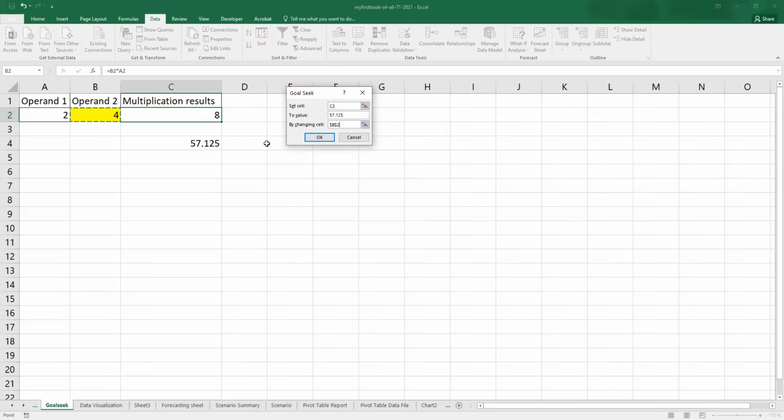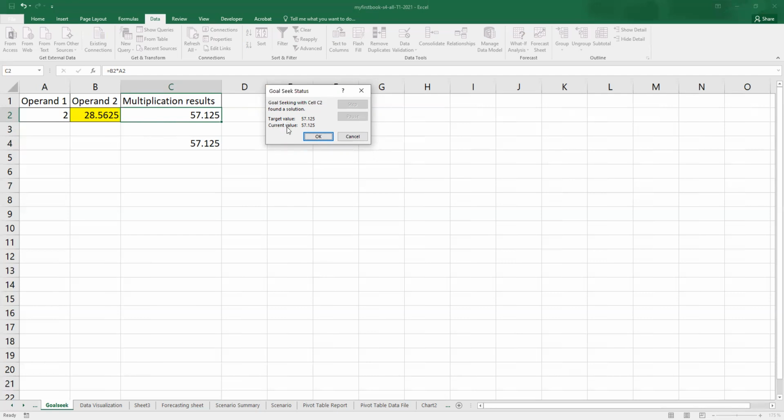When I click OK, Goalseek will try to find the information until it tells us that the targeted value is 57.125, current value 57.125. Why does Goalseek show you these two values?